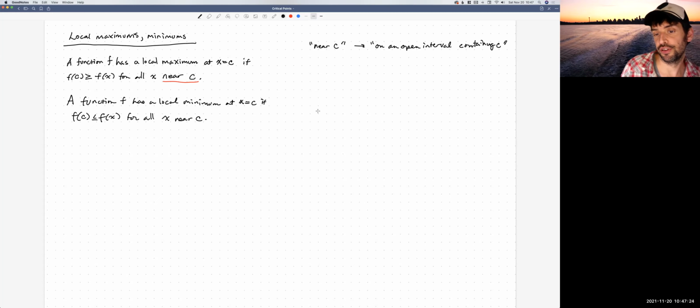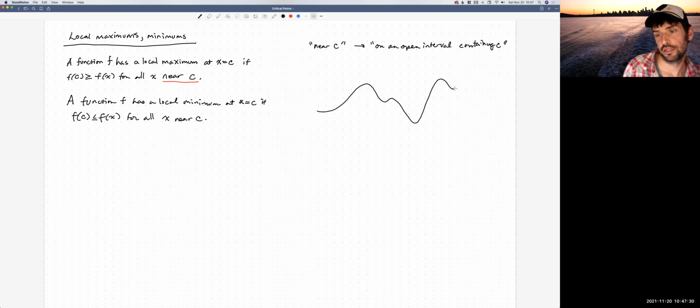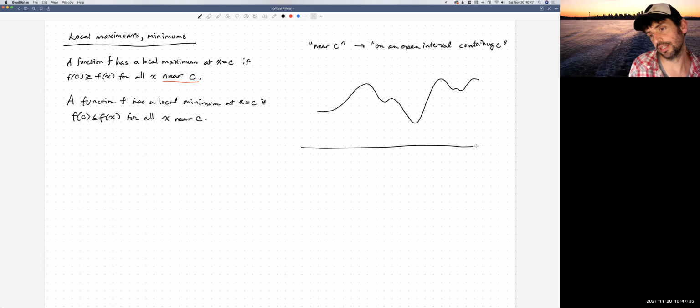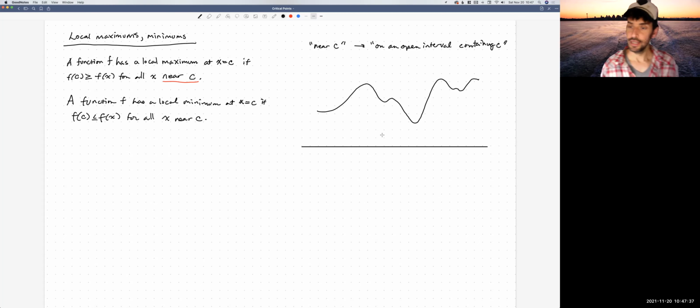If I have, all right, here's a function. And let's put in an axis. Let's start with c being some value right here, right?